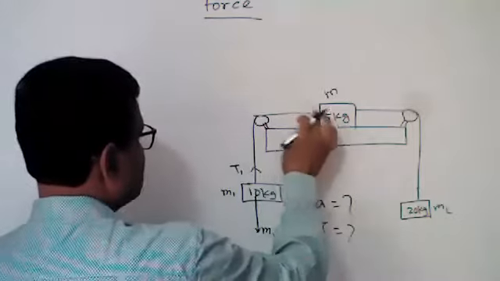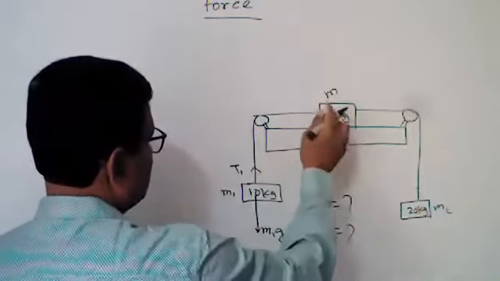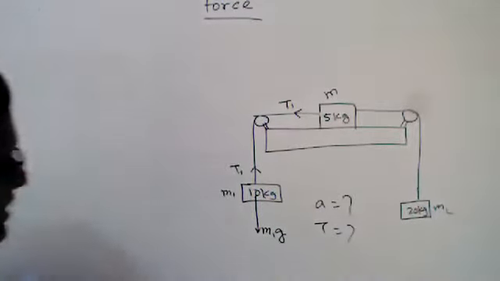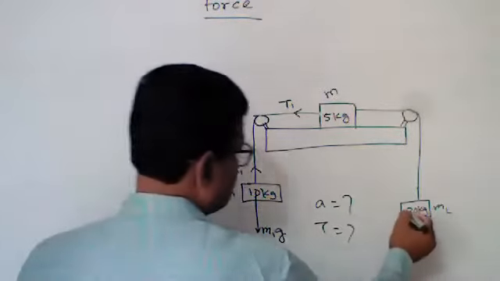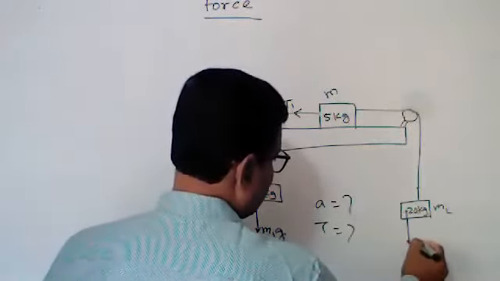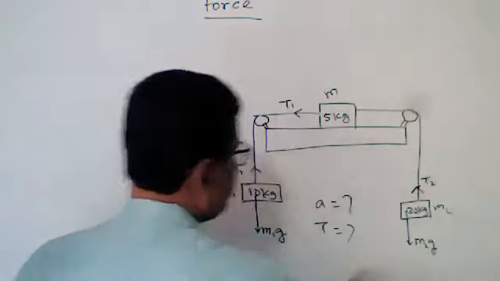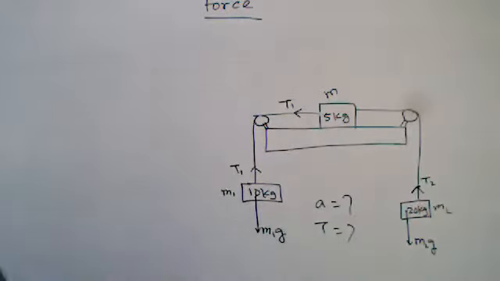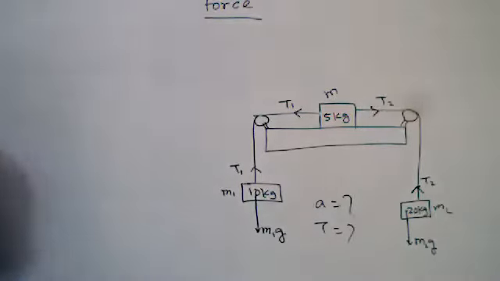The string is the same from this portion, so the tension will be T1. For this object, the weight is M2G and the tension is T2, because this string and that string are different, so the tension will be different.